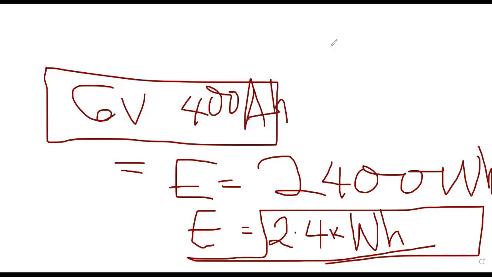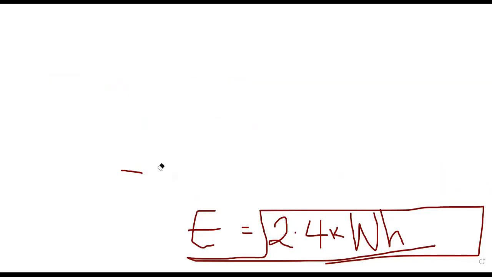Now, the beautiful thing about this is we have different types of battery. And one of the batteries that is always rated in this form are the lithium ion batteries.